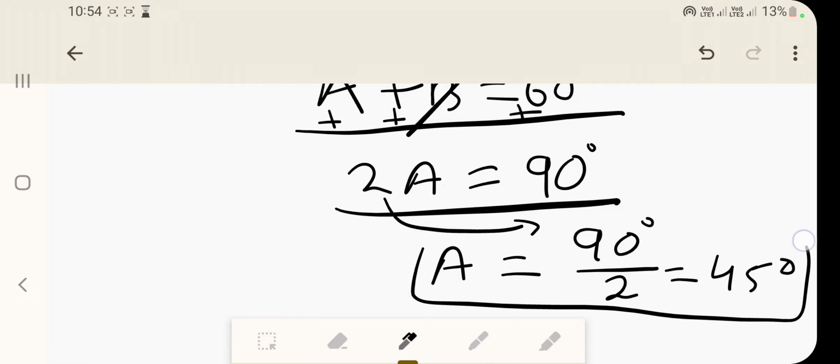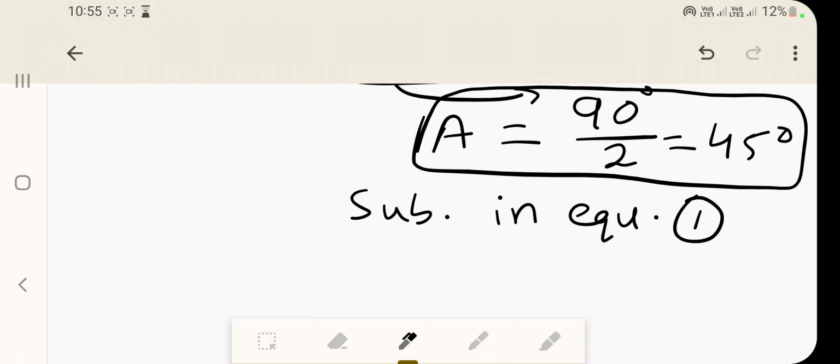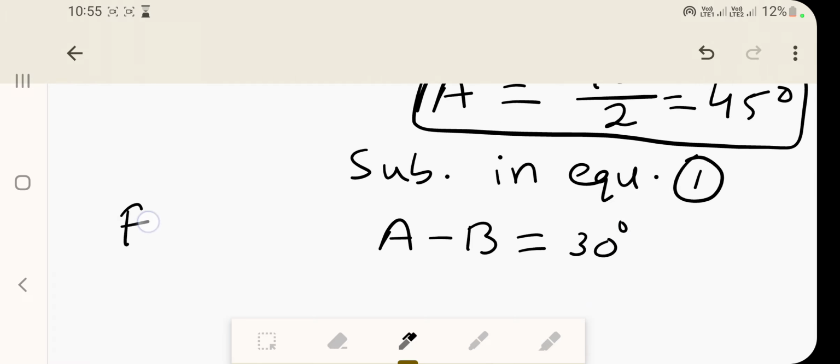Once we get one of the angles, A, we can substitute this in equation 1 or 2, any one equation. In equation 1 we have A minus B is equal to 30 degrees. It is always good to specify that we got this A minus B equal to 30 from equation 1.